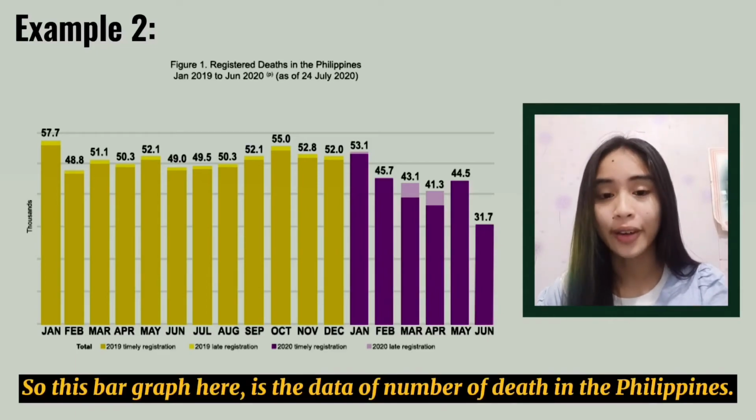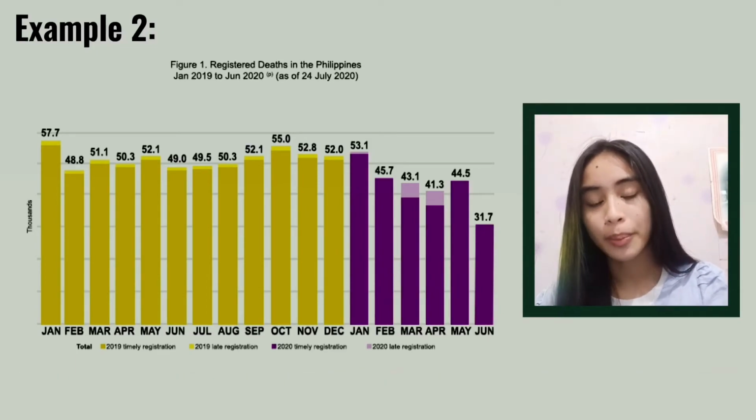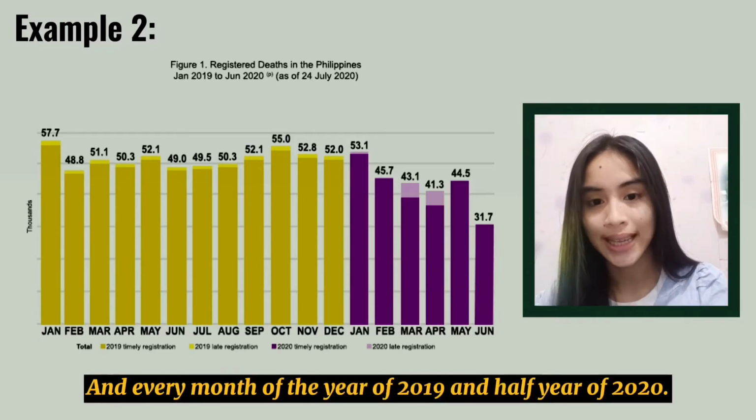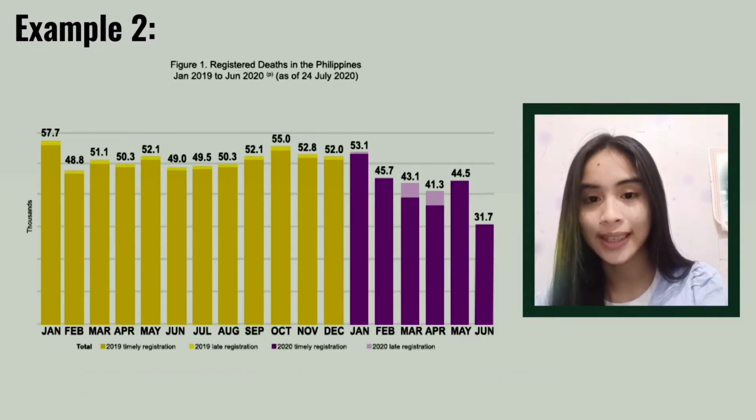So this bar graph here is the data of the number of deaths in the Philippines in every month in the year of 2019 and half year of 2020.